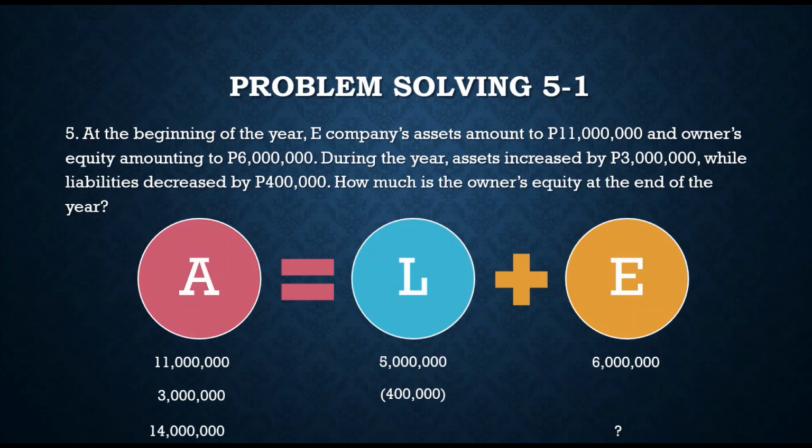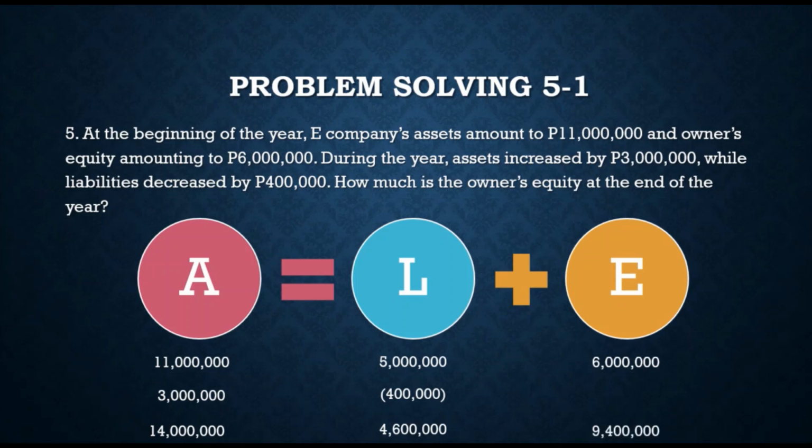Ganun din sa liabilities. So, 5 million minus 400,000 since nabawasan daw ang liabilities during the year. So, ang ating total liabilities at the end of the year ay 4.6 million. So, meron na tayong asset at liabilities. Malalaman na natin ang equity at the end of the year. So, 14 million minus 4.6 million, ang total equity natin as at year-end ay 9.4 million.